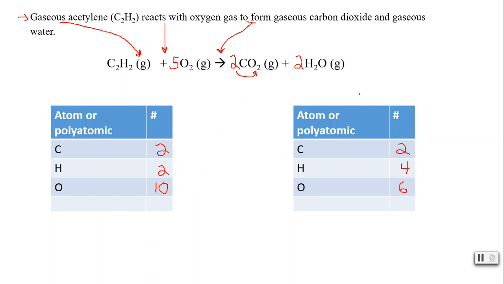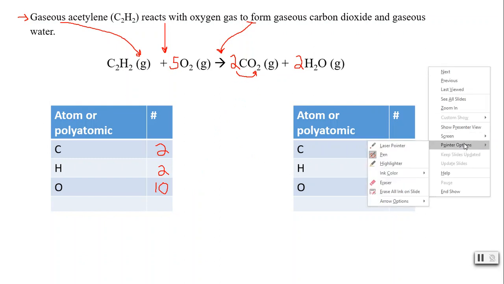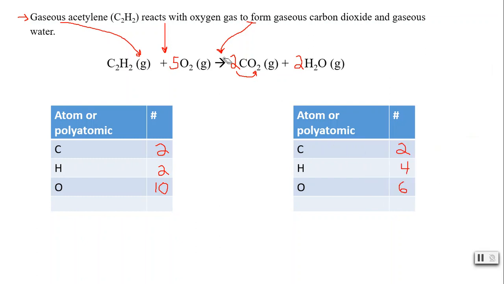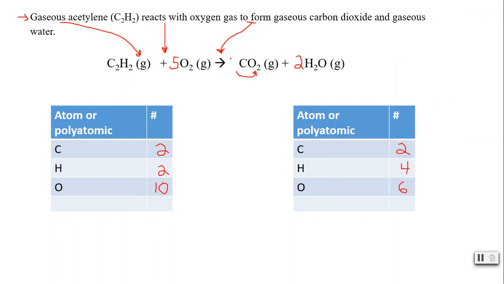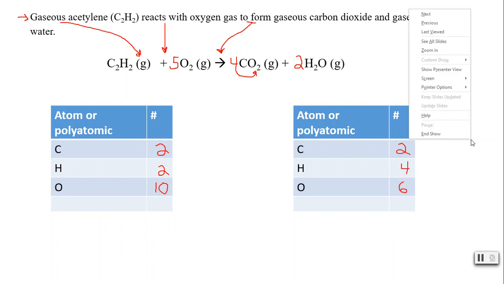I need 4 more. What if I was to change that 2 in front of my CO2 coefficient to a 4? So if I put a 4 there, how many oxygens do I have now? I've got 4 times 2, 8, plus 2. Hey, that gives me 10 oxygens.